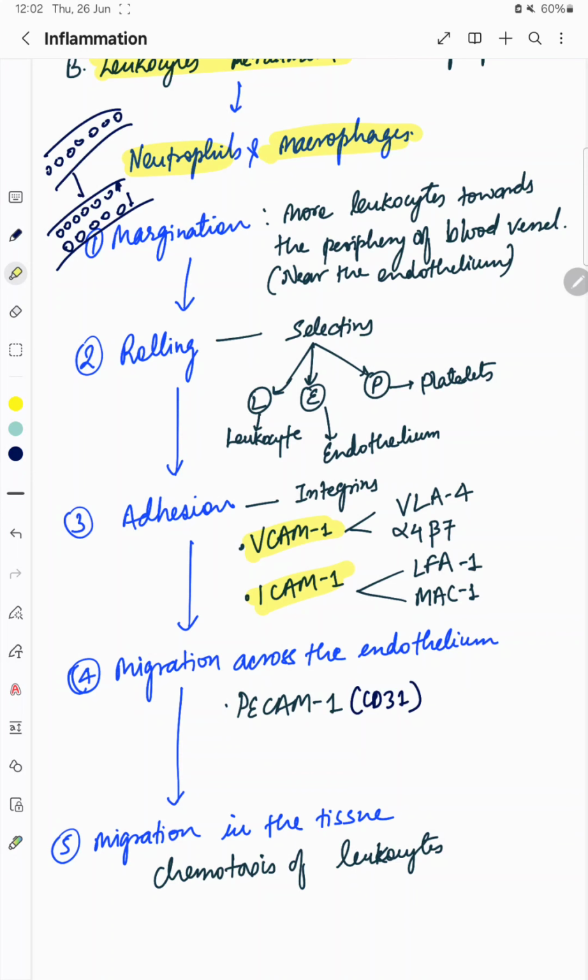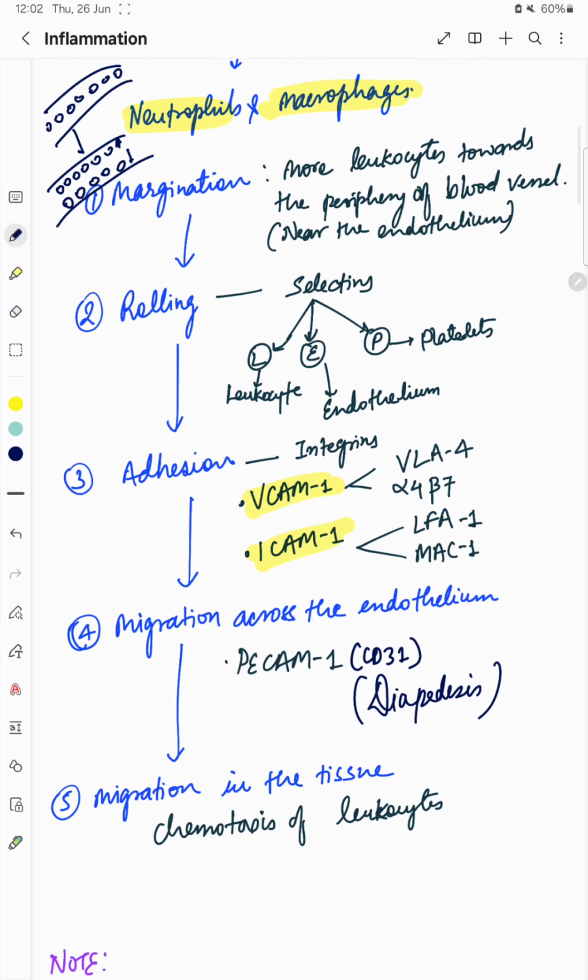This process is known as diapedesis, the transmigration of leukocytes across the endothelium into the interstitium, and PECAM-1 or CD31 helps in this process.